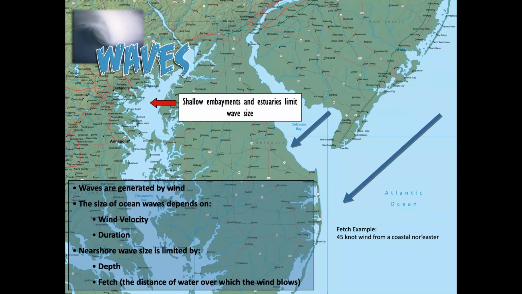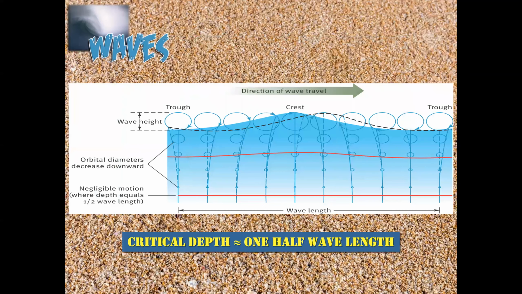In Delaware Bay, in this image, there's a narrow fetch, so the waves would be smaller, even for the same 45 knot wind, whereas the waves off the coast of New Jersey and Delaware have a much longer fetch, meaning the distance over which that wind can blow, creating larger and larger waves. So that's the idea of fetch. The critical depth for a wave is about 1/2 the wave length.